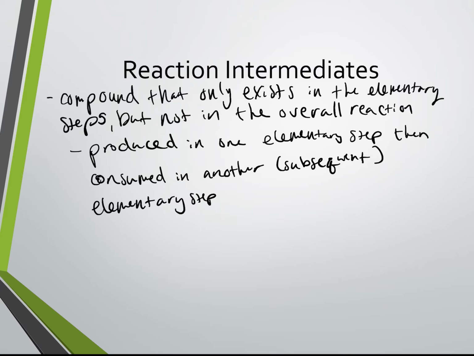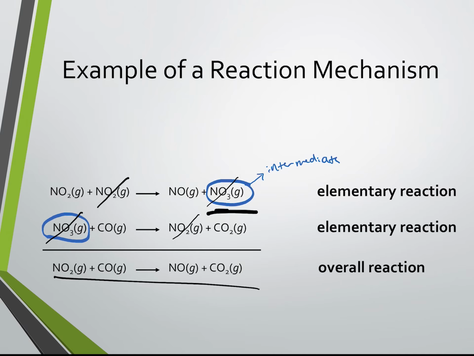So they're produced, then consumed. Okay? So here we produce it, and here we consume it, and it is nowhere in this overall reaction. So that would be an example of an intermediate.